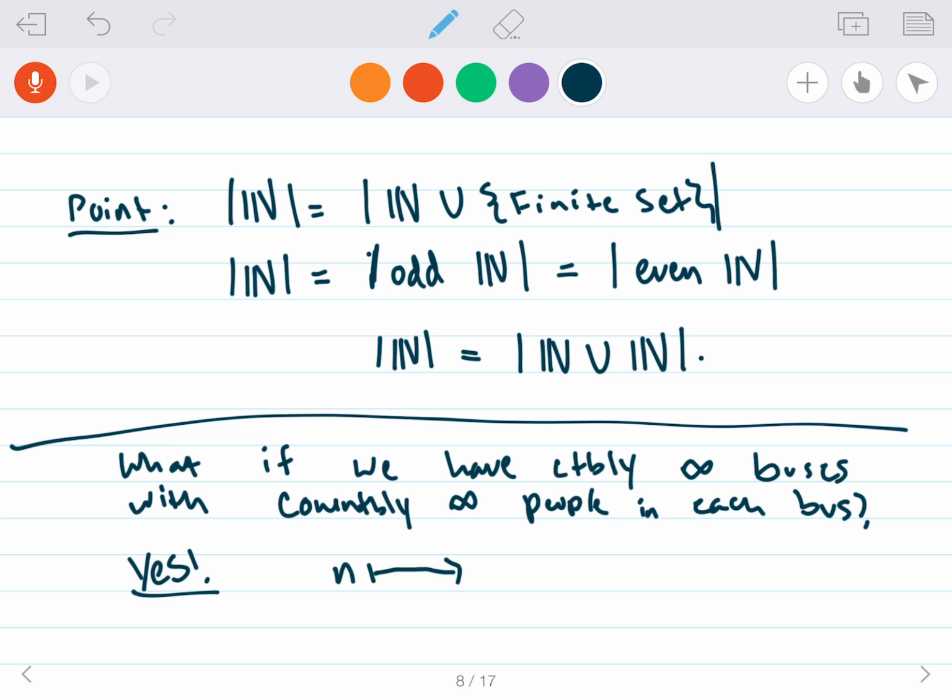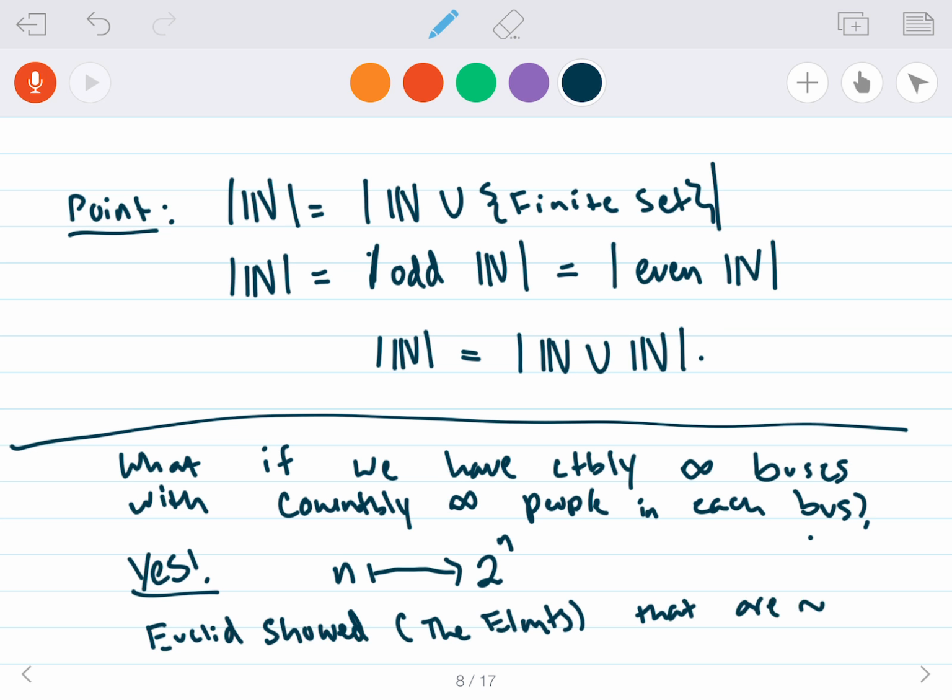So we're going to take the person in room N and send them to room 2 to the N. Since 2 is prime, all of the rooms 3 to the N, 5 to the N, 7 to the N will be empty after this shift happens, after everyone in room N moves to room 2 to the N. And Euclid showed in the Elements, the book, that there are infinitely many primes.